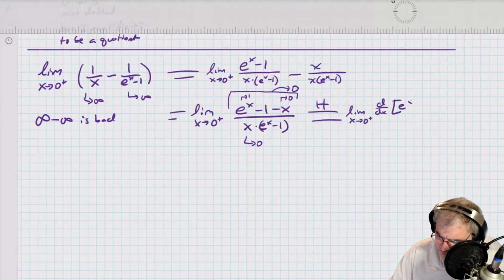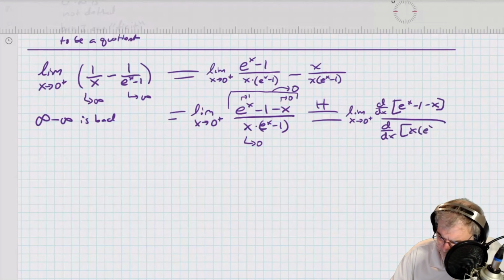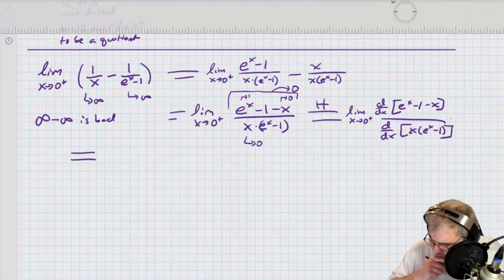And I do the derivative of this, e to the x minus 1 minus x, over the derivative of this bit. And the remainder is left as an exercise. Well, you do the rest.